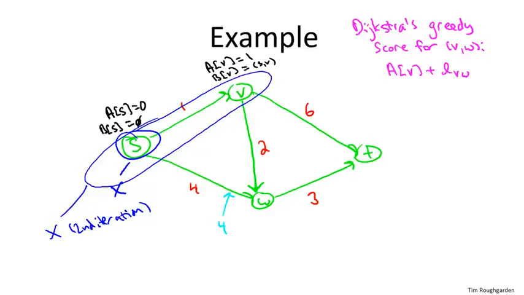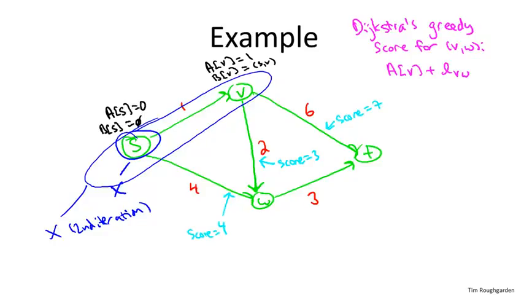The A of V value is 1. We add to that the length of the arc, which in this case is 2. So this edge V comma W has a score of 3. Finally, there's the arc V comma T, and here we add 1, the shortest path distance of the tail of the arc, plus the edge length, which is 6. So that has the worst score.